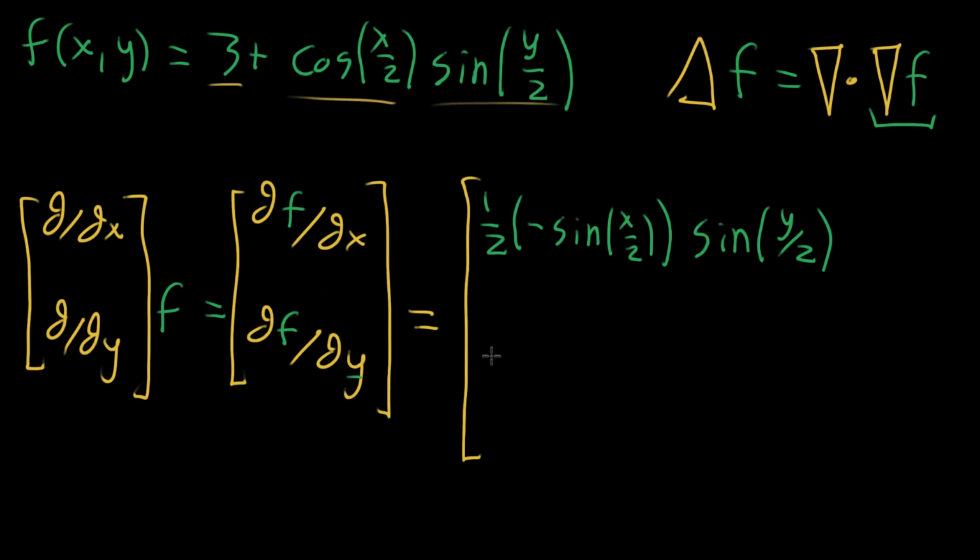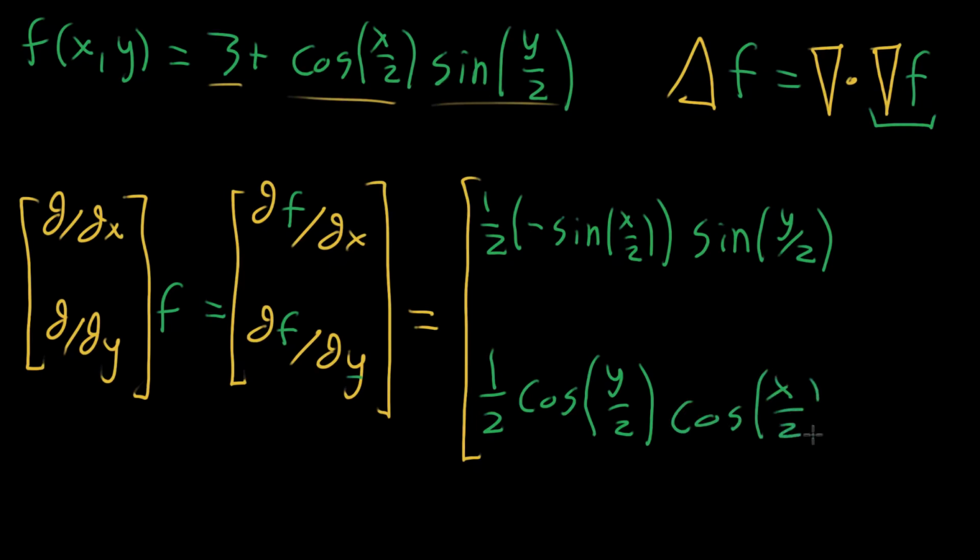So you take out that 1/2 when you take the derivative of the inside, and then the derivative of the outside is cosine of whatever was in there. So in this case, y over 2. And we're multiplying it by that original constant, cosine of x over 2. So still we have our cosine of x over 2, since it was a constant times a certain variable thing, x over 2. So that's the gradient.